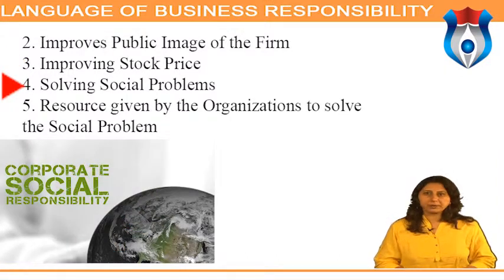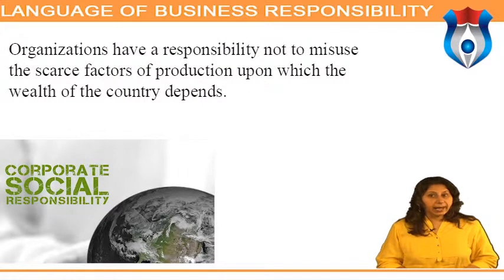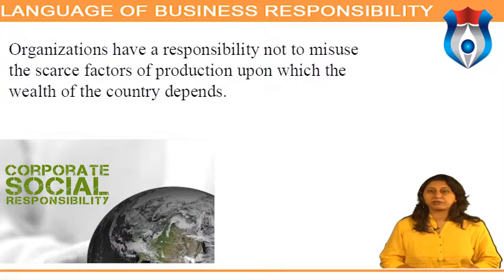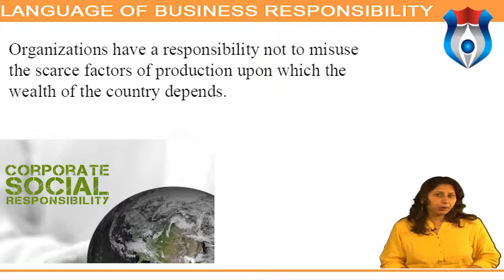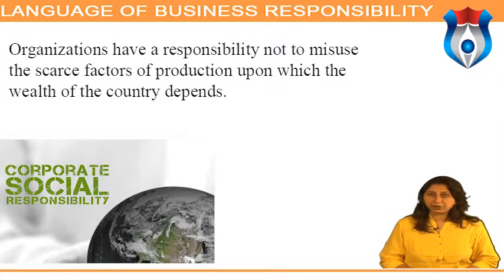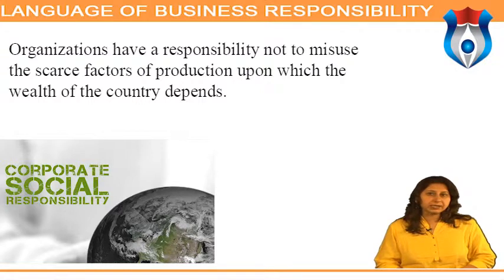Solving social problems. Organizations have a responsibility not to misuse the scarce factors of production upon which the wealth of the country depends. Organizations have a responsibility to society to respect environmental considerations and take care of amenities.